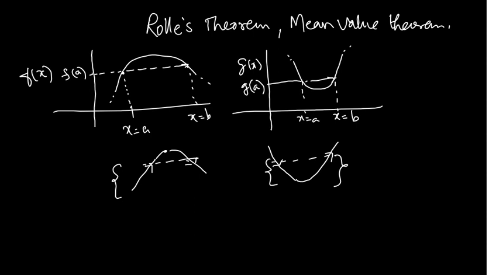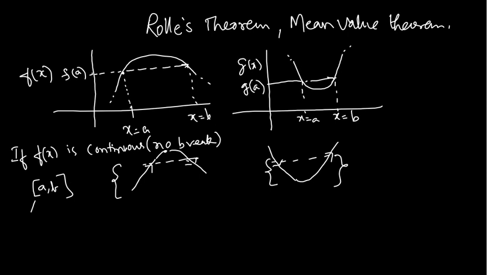What Rolle's theorem says is that if the function is continuous, meaning let us now consider that it is having no break, no discontinuity, between a and b. That's what they'll state as in the interval [a, b].